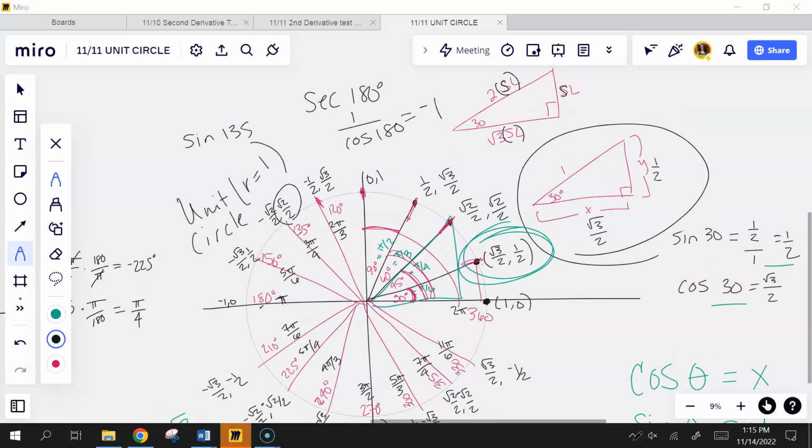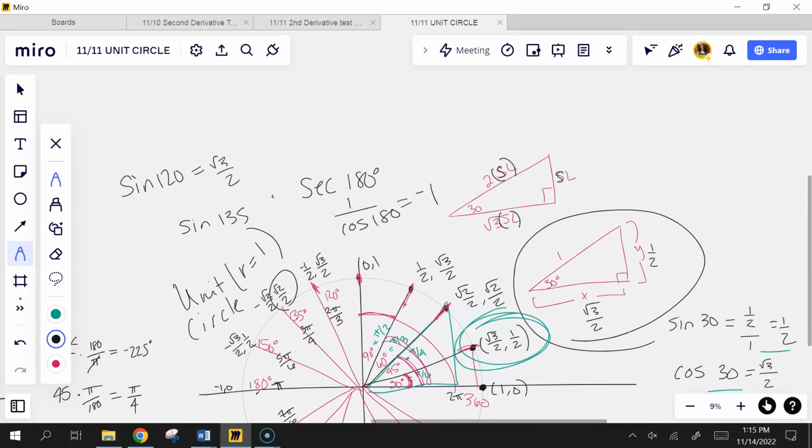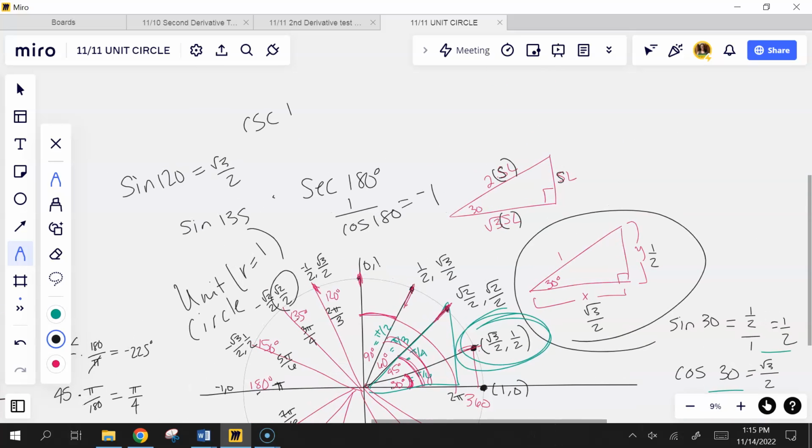Sine of 120 is square root of 3 over 2, right? So the cosecant of 120 is 2 over square root of 3. I can't have a radical on the bottom.